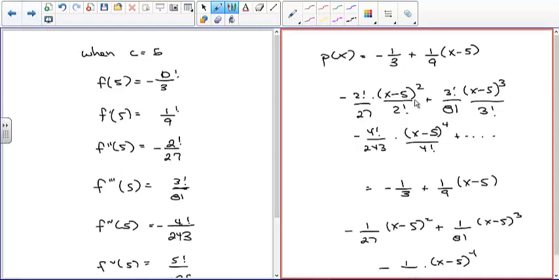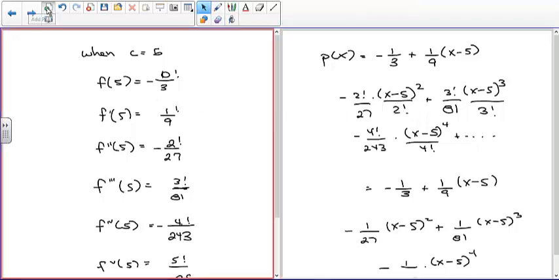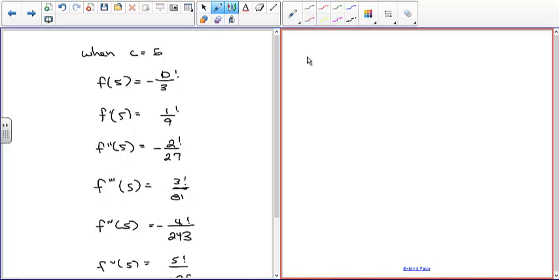So now what we can do is put it into the Taylor series. Let me just write that out again because you may have forgotten. The Taylor series says you take f of c and then you add f prime of c times x minus c.